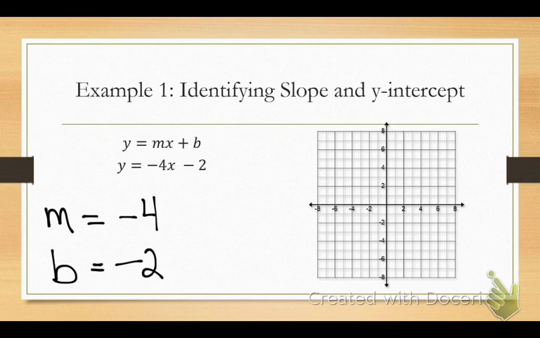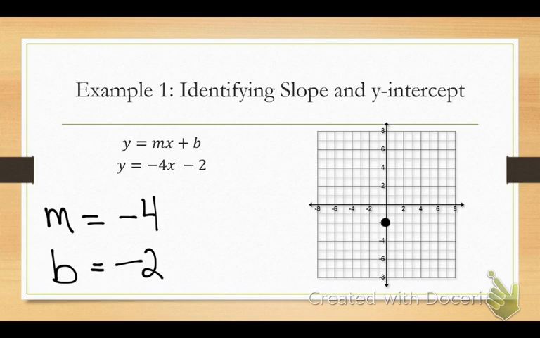Here's what my rule says. If I'm graphing an equation using slope and y-intercept, whatever number is my b value will be the first point on my graph, because this value tells me where the line is crossing the y-axis. So because b stands for my y-intercept, I'm going to plot a point at -2. I know I just covered up my number, but that point is at -2.